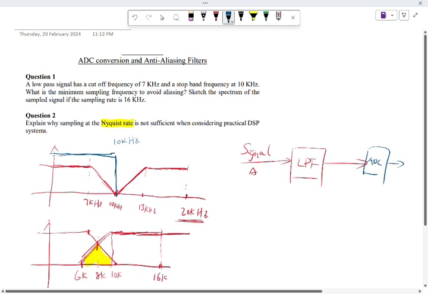That's safe. But in the real case, this is an analog filter, and the filter doesn't look like this brick wall. In the real case, the filter looks like this.